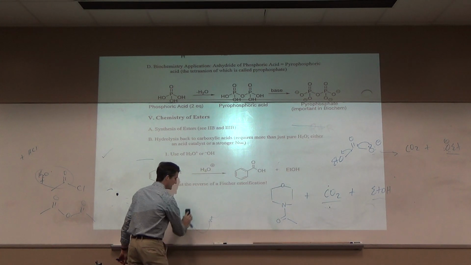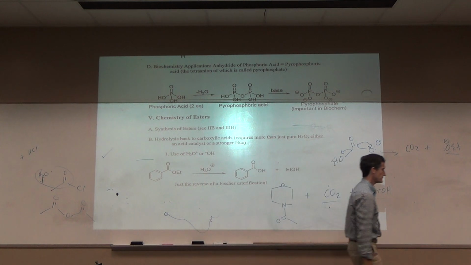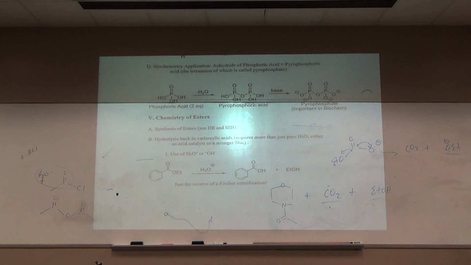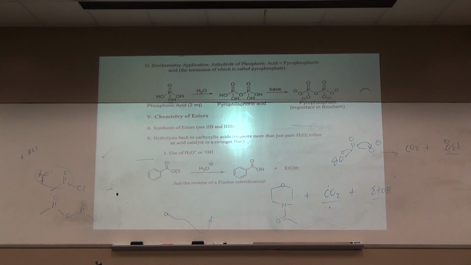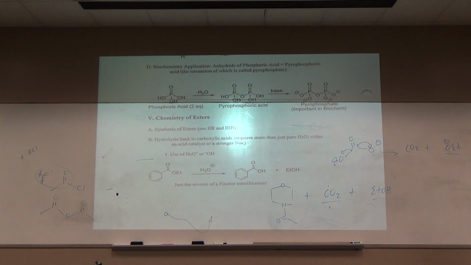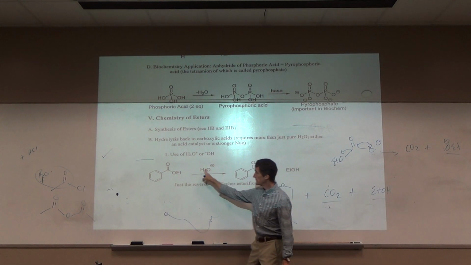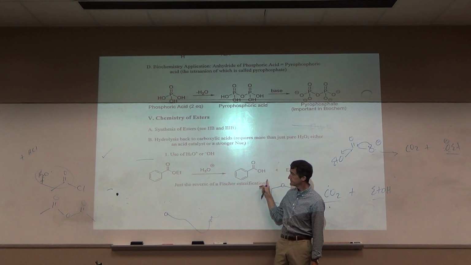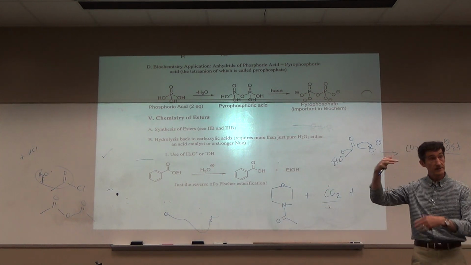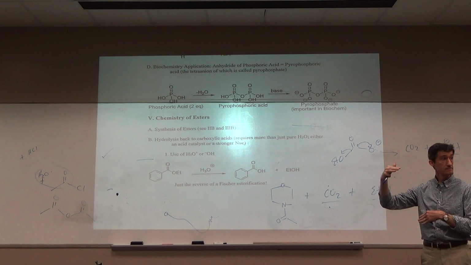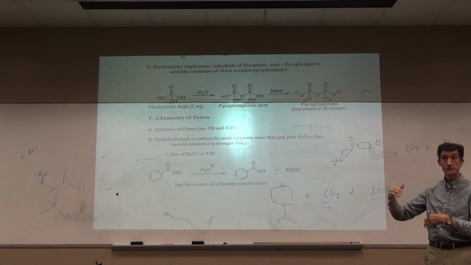We're about out of time here. Let's see how we can finish up. We've already covered that mechanism, though. Again, you've got to sit down and do it on your own. What's the first step of this mechanism? Protonate carbonyl. I gave you an entire page about the strategy there. Protonating carbonyl, acidic conditions.